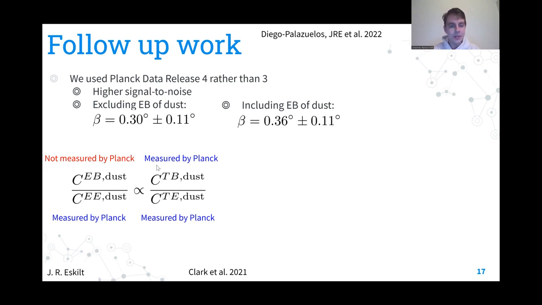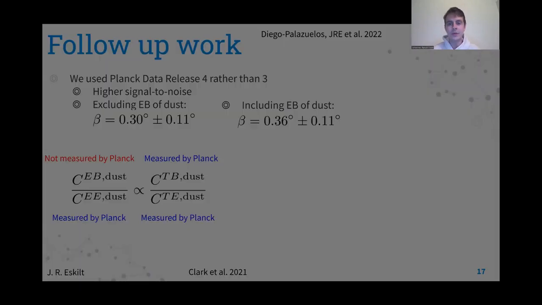And the assumption is pretty much this equation here, where the EB of dust has not been measured. We assume that it's proportional to the TB of dust divided by T of dust multiplied by E of dust. And all these have been measured by Planck. And by including that model, that actually increased the statistical significance of cosmic birefringence. And it didn't go away by including that dust model.